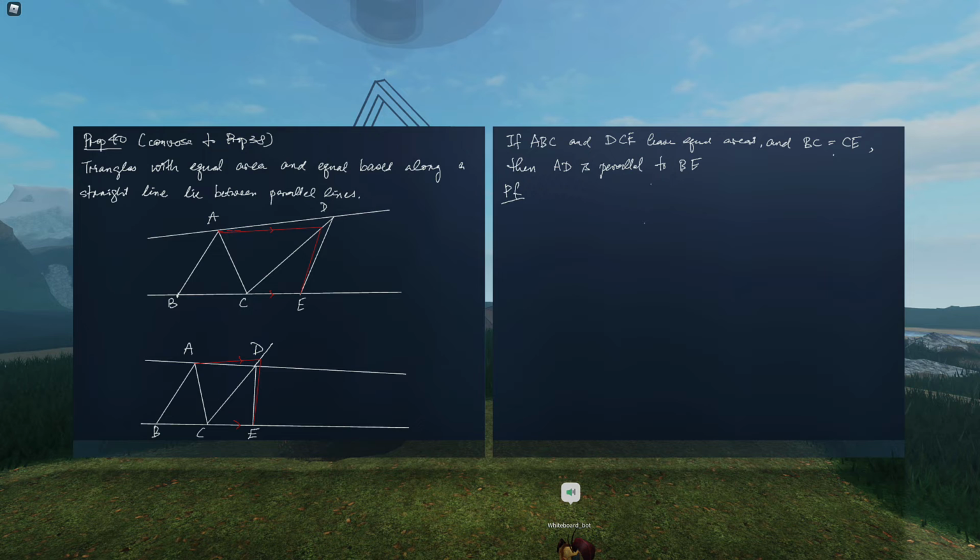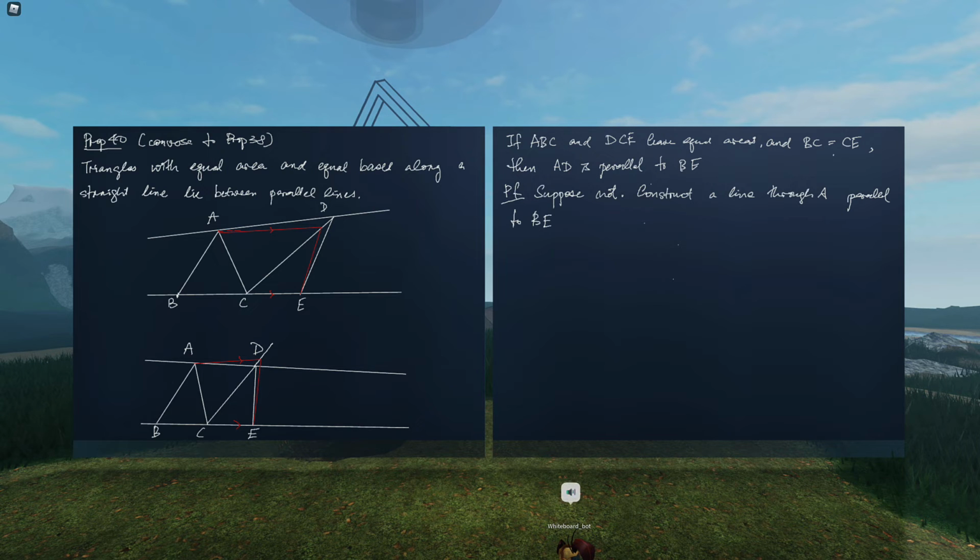I'm going to call the intersection of that line with CE point F, and join that with E. So I'm going to suppose not: we construct a line through A parallel to BE.